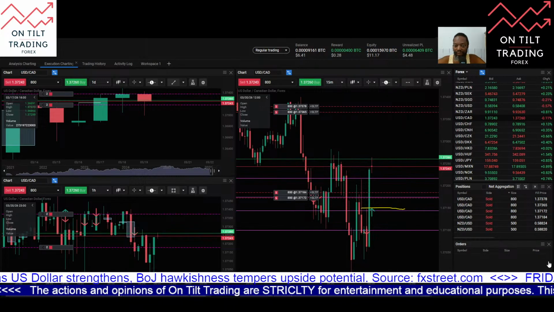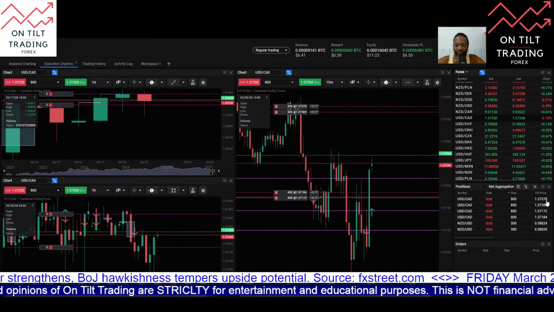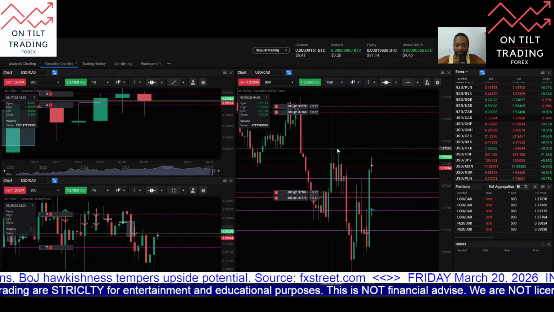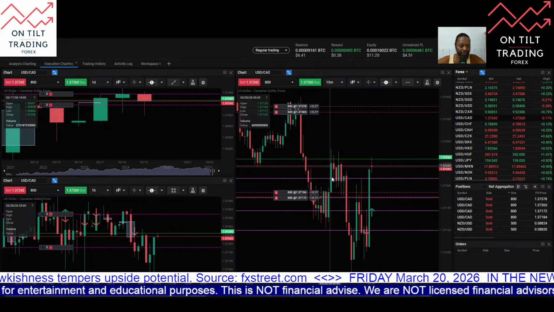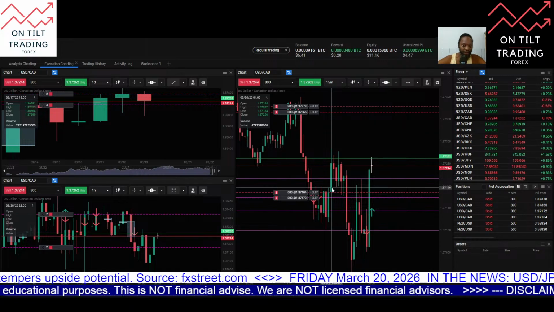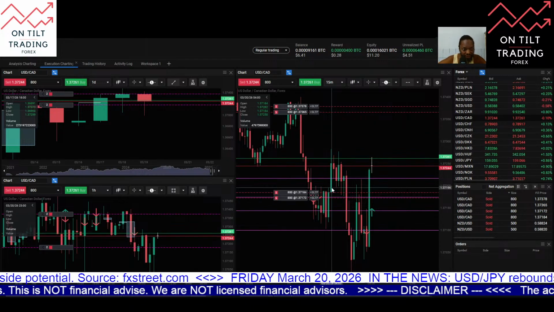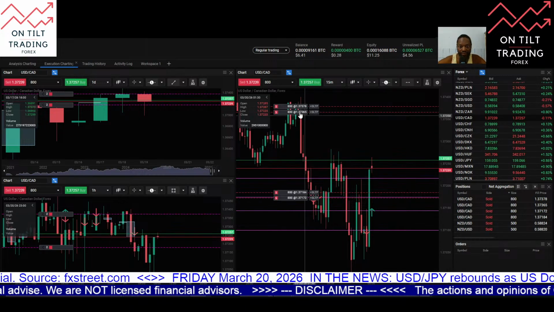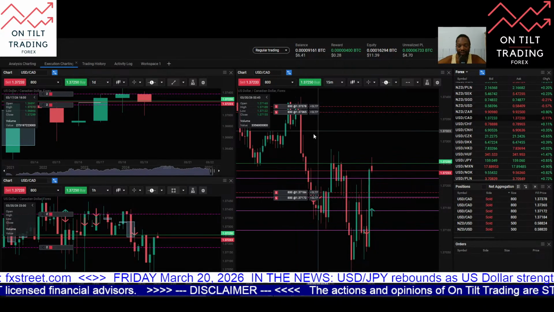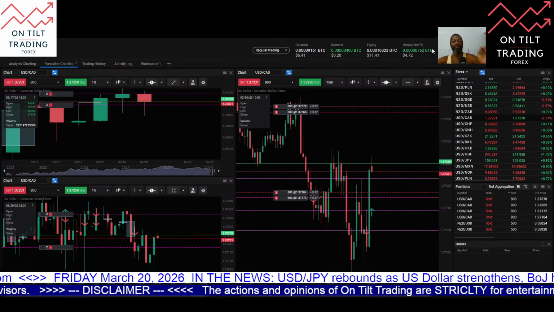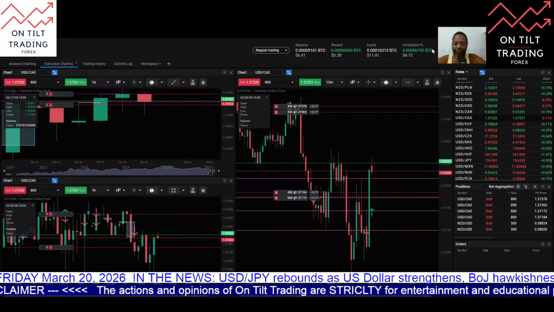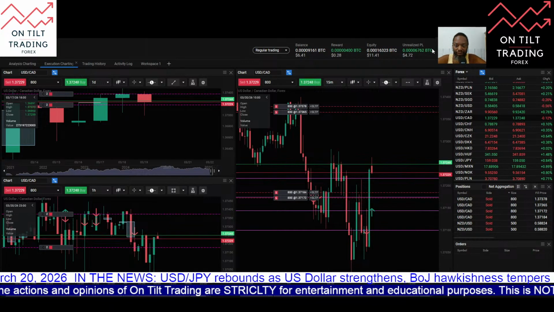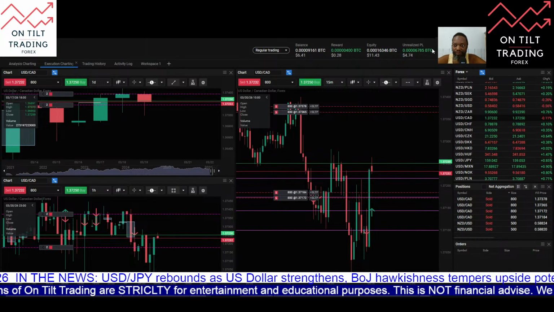That would be ideal. But price could deliver to the buy side and stop me out. If it did that, then I would likely look to exit these positions that I've left on here. But we'll see if price wants to deliver to the sell side here.